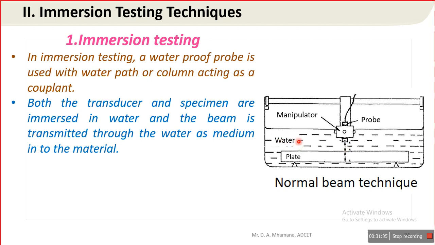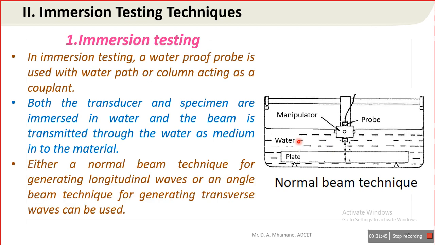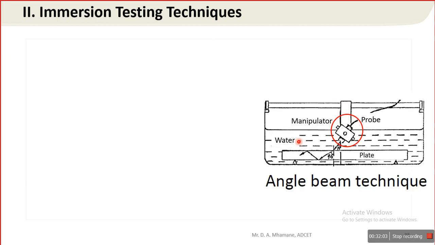So both the transducer and specimen are immersed in the water and the beam is transmitted through the water as a medium into the material, as I already discussed. So either a normal beam technique for generating a longitudinal wave or an angle beam technique for generating a transverse wave can be used in this immersion testing.